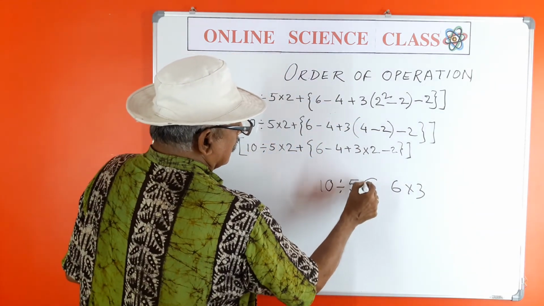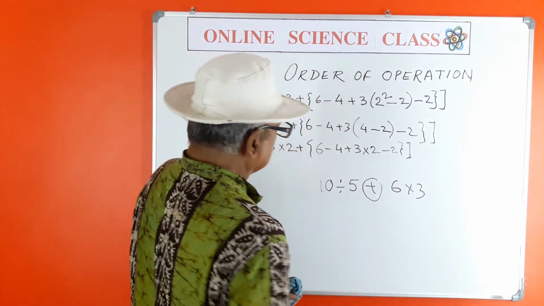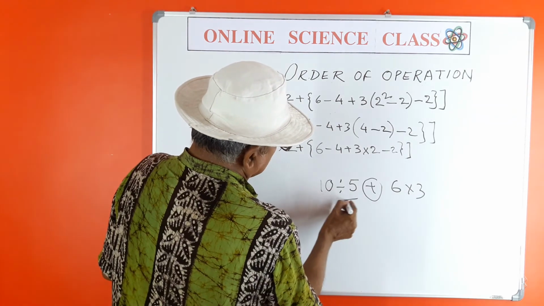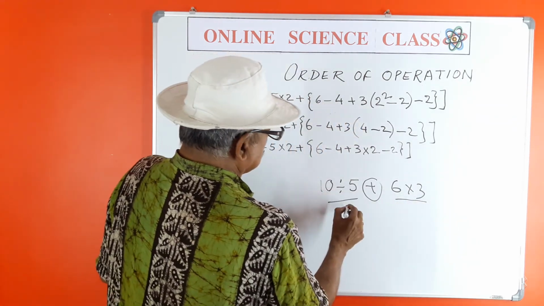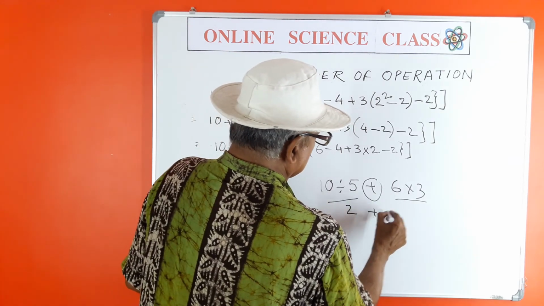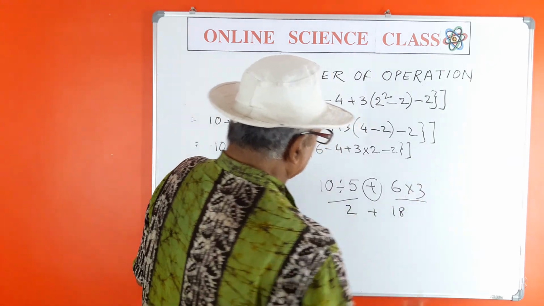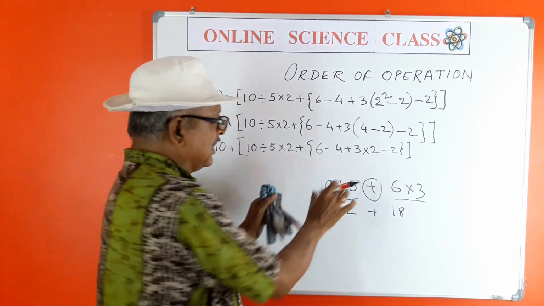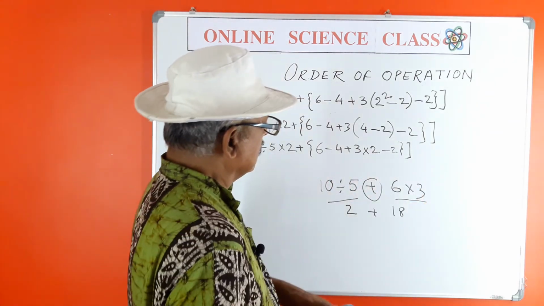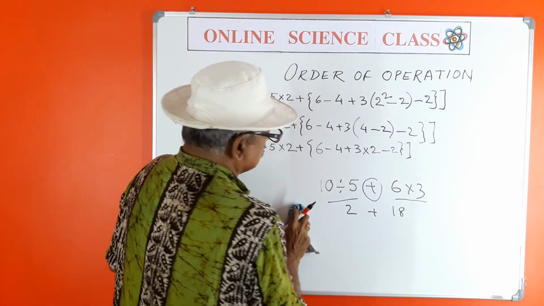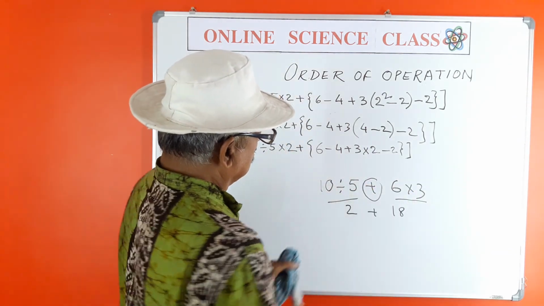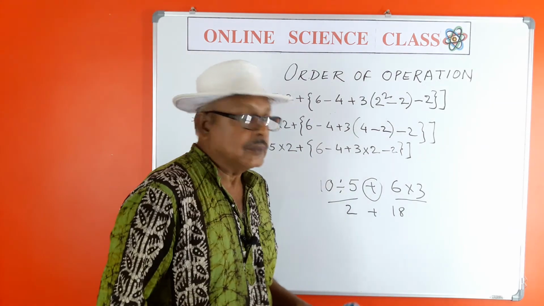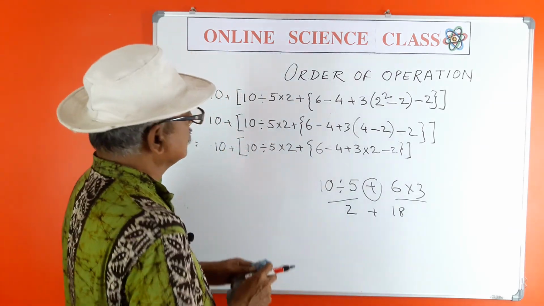So here plus is here. So one segment is this and one segment is this. Can do this, 2 plus 18, simultaneously. This can be done to minimize the steps, depending on how the expression has been written.